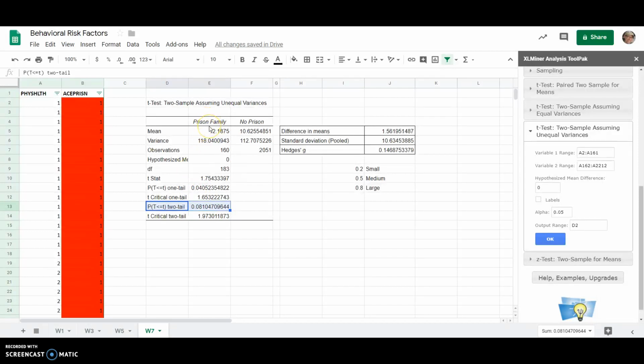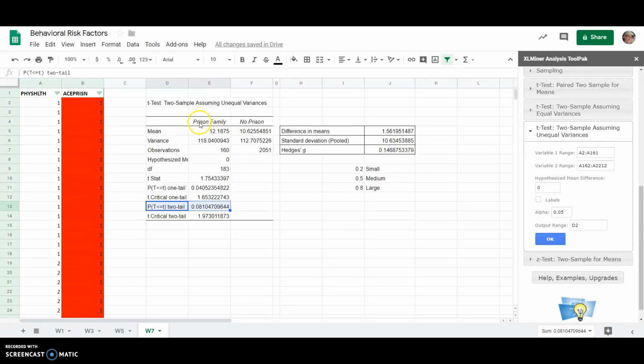If we ask, is there a difference between people who had a family member go to prison when they were a child and those who didn't, in terms of average days of poor health per month? Is there a difference? If we're just asking, is there a difference, but we're not asking in which direction, perhaps the ones whose family members went to prison developed some resilience and got stronger.